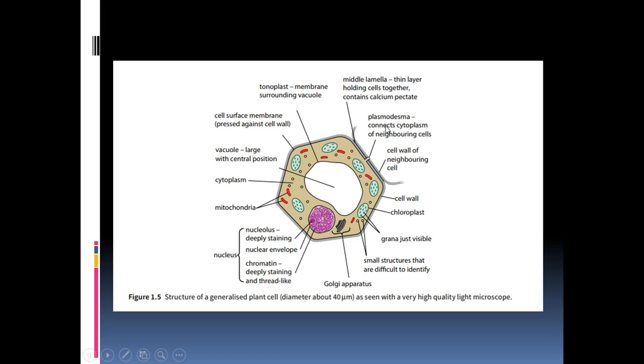So this discovery can only be done with the improvement of the microscope and the lenses.